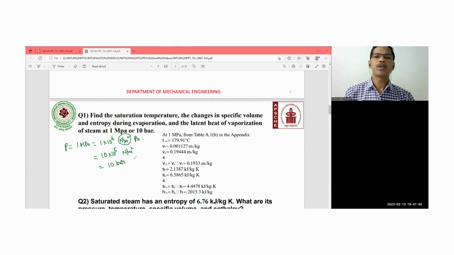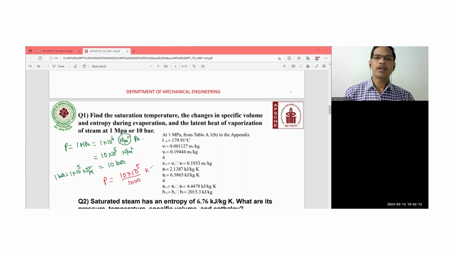So 1 bar is equal to 1 into 10 to the power of 5 Newton per meter square, right? And if you want to make that in kilopascal, pressure is equal to 10 bar, so 10 into 10 to the power of 5 divided by 1000.